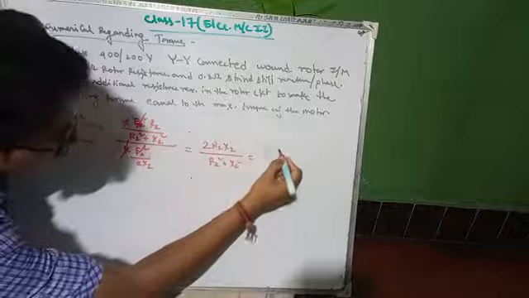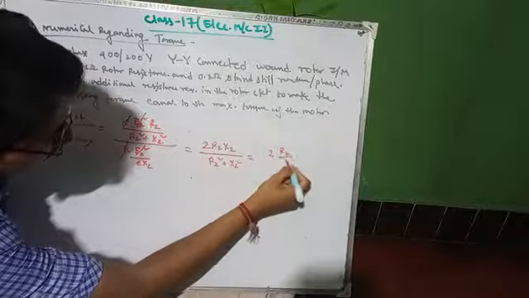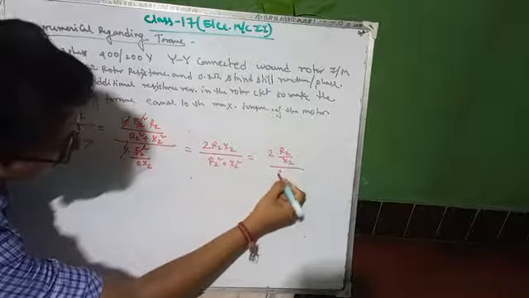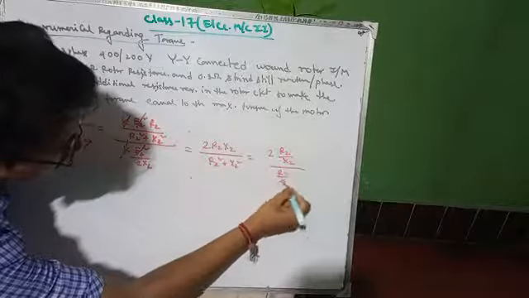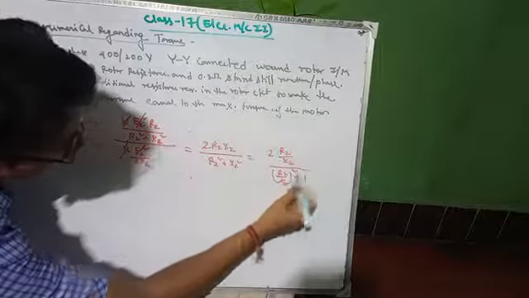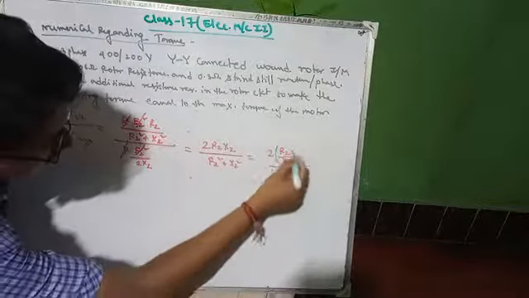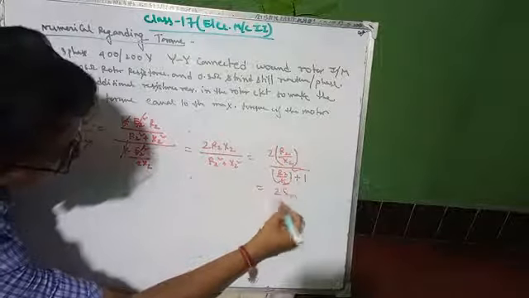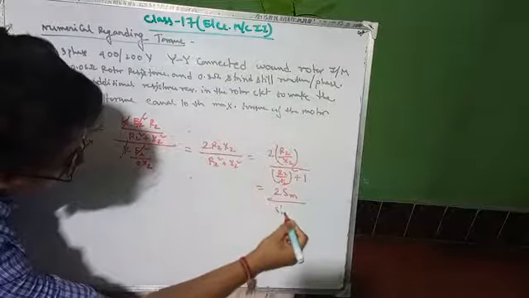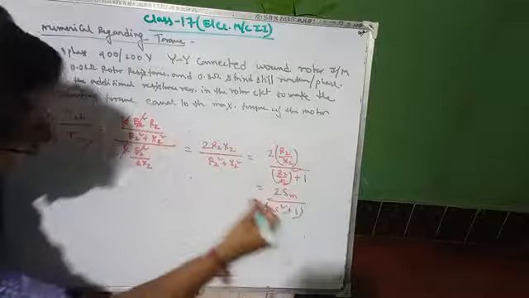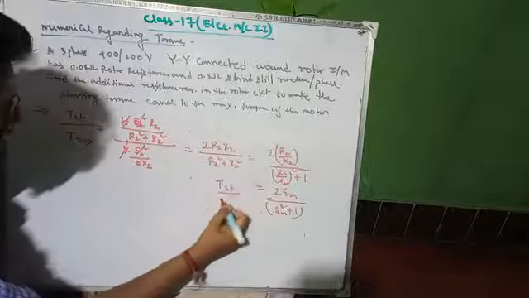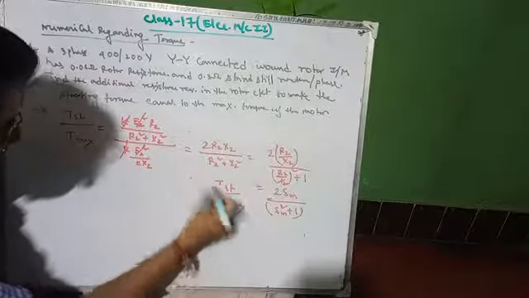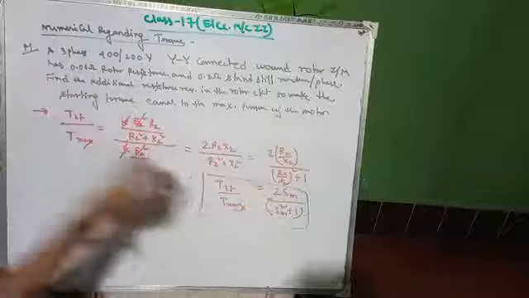Now divide this by X2 square, that will be equals to R2 by X2 whole square plus 1, right? So 2 into this one is called Sm, 2Sm by Sm square plus 1. So this is the relation of TST by Tmax. It is a well known formula, you have to remember it.